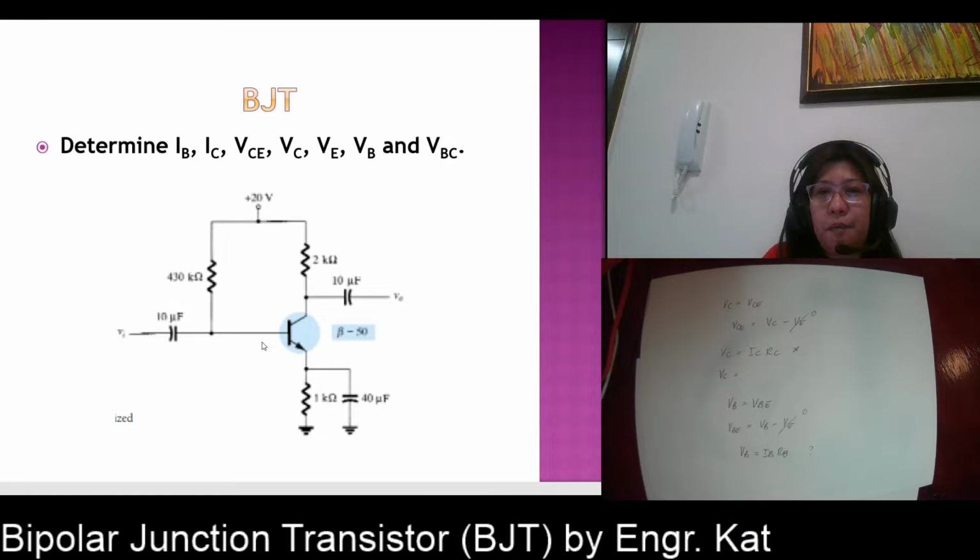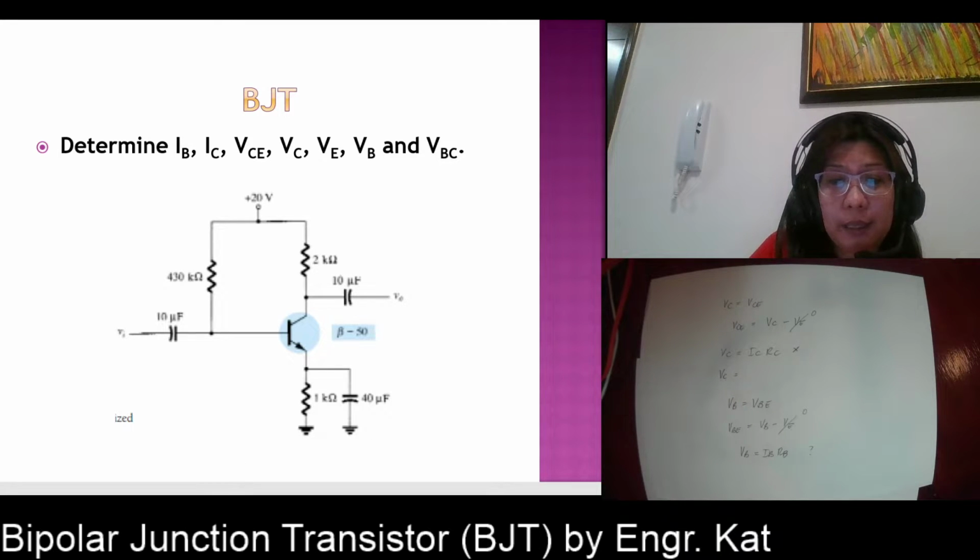Where is IB RB? IB RB is the voltage across your 430 kilo ohms, and the voltage across 430 kilo ohms is not equal to VB, because VB is from this terminal going to the ground. So what is VB then?